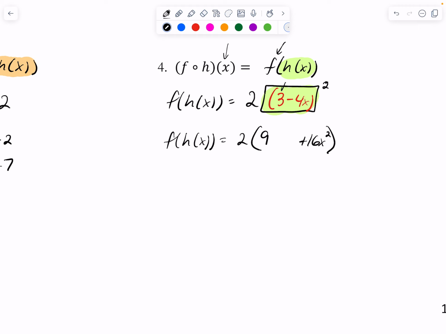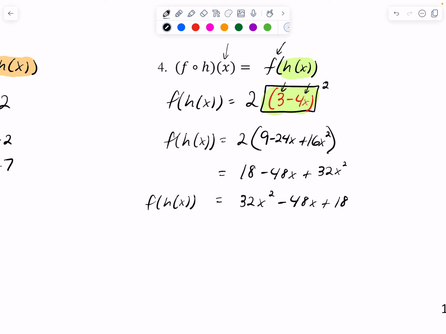And the middle term is the first term times the second term times 2. So that's going to be negative 12x times 2, which is negative 24x. Then you can distribute the 2. Get 18 minus 48x plus 32x squared. And I'm going to go ahead and write that in order from the highest exponent to the lowest. So 32x squared minus 48x plus 18.